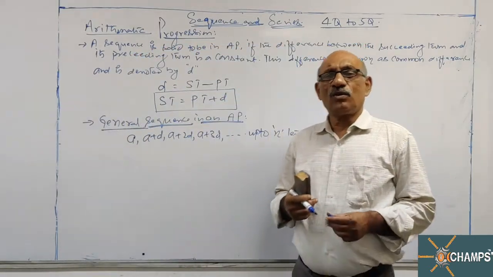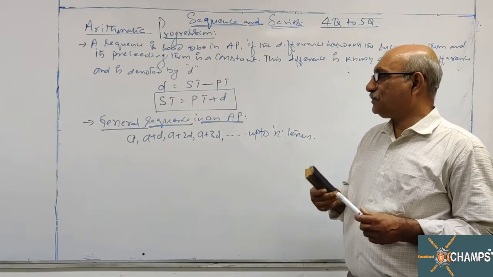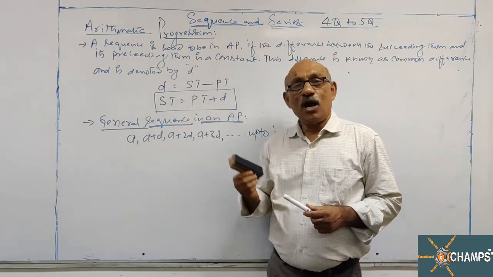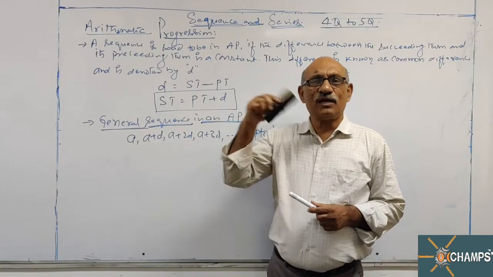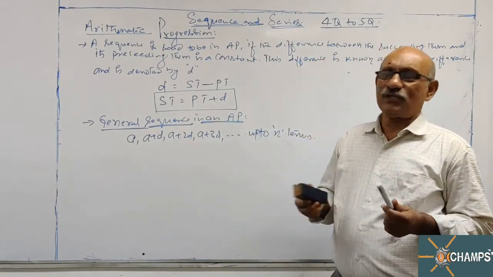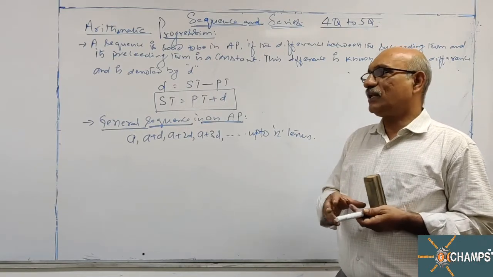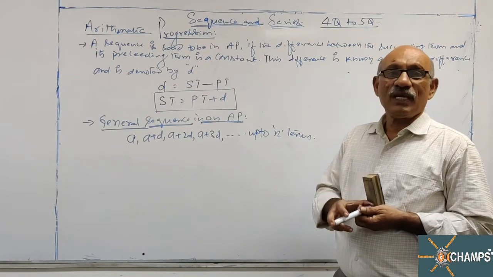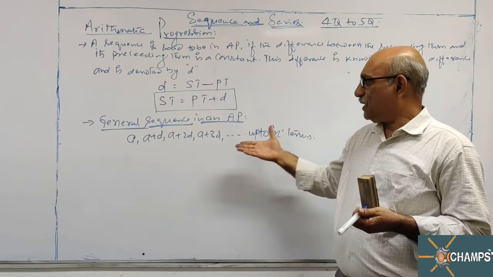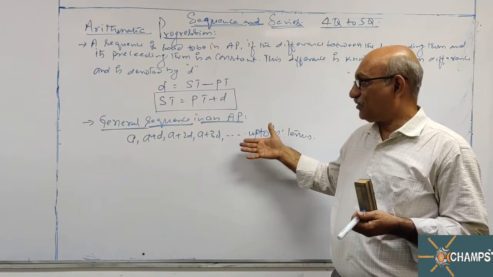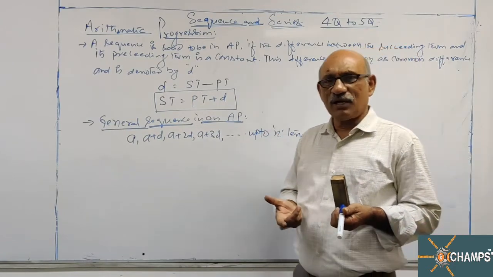Now there is one more doubt you will get in your mind. How many terms a sequence in arithmetic progression is having? Okay, we'll consider an AP here. Here for a discussion I am considering finite number of terms.